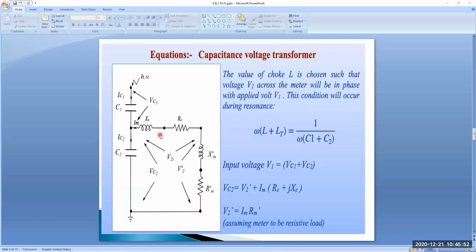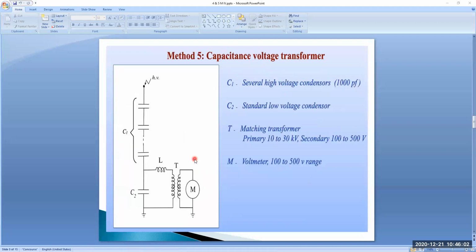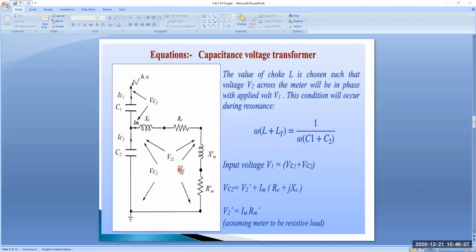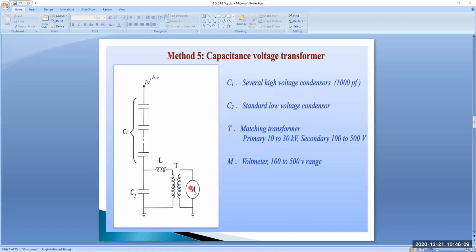Here V2 dash is nothing but the voltage across the meter. This V2 dash is called the meter voltage, the measuring moving iron meter.